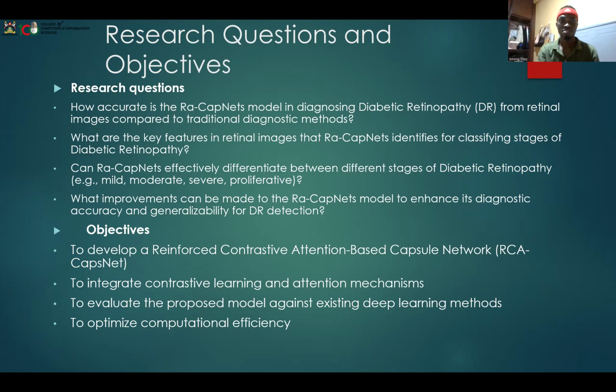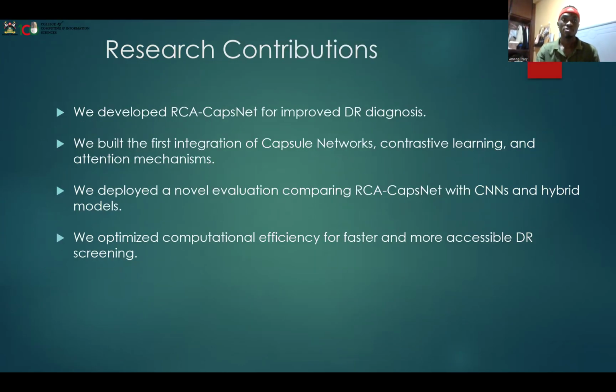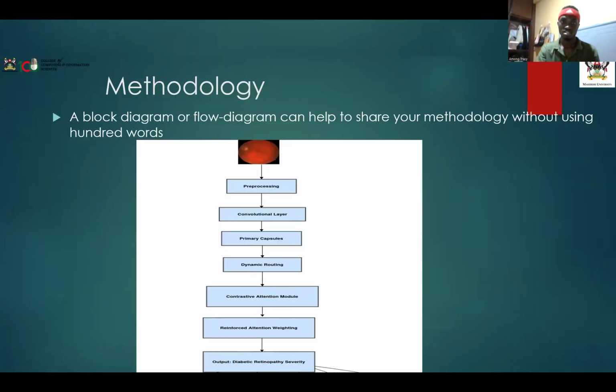Then, can this model effectively differentiate between different stages? We took into account all these questions, and we made sure when we were developing the model, we were doing something that actually does what we claim it will do. Then, the research contributions, we deployed the model using CNNs and hybrid models.